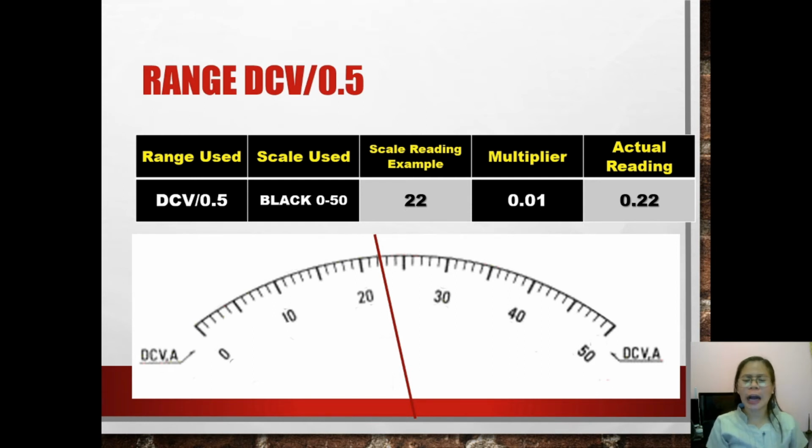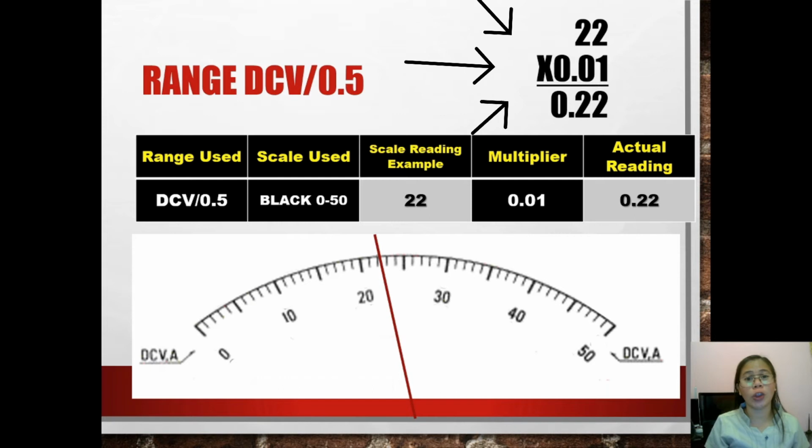So, what is our final actual reading? 22 times 0.01 is equal to 0.22. Very good. If you don't want to use the multiplication, you are going to move the decimal point 2 decimals to the left. Alright? So that is our range 0.5.